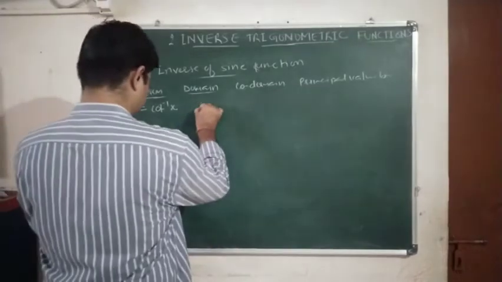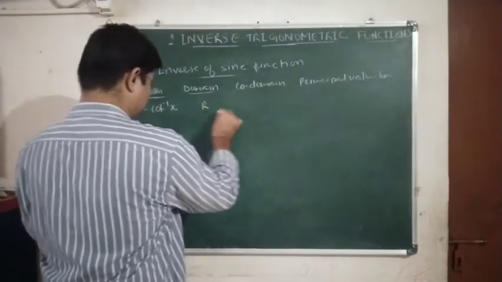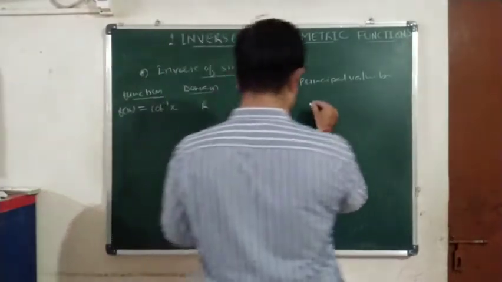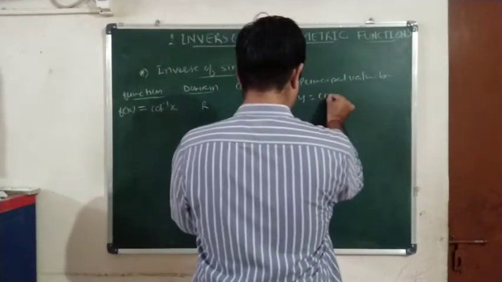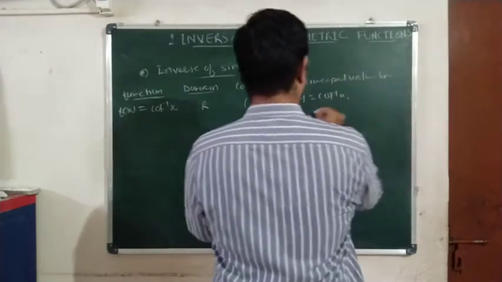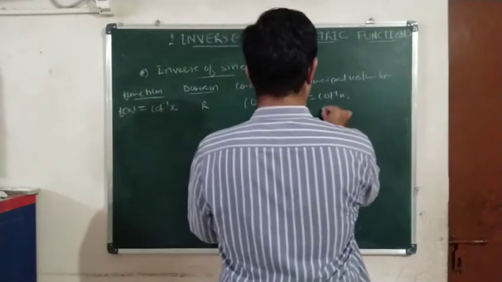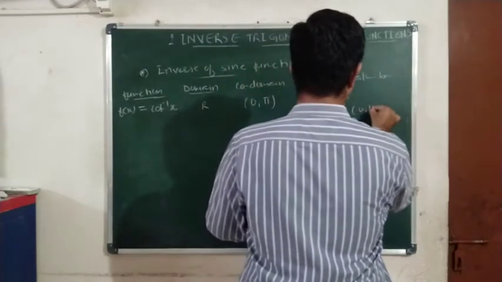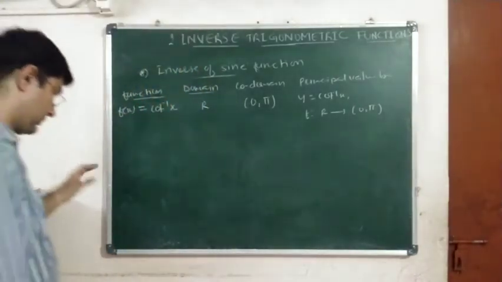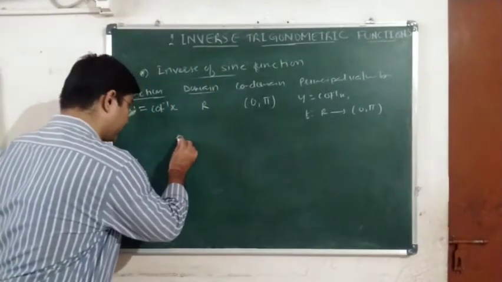Okay, the domain is R and the codomain is 0 to pi. y is equal to cot inverse x, f from R to 0 to pi. This is the principal value branch. Okay, now let us look at the graph of the cot function.